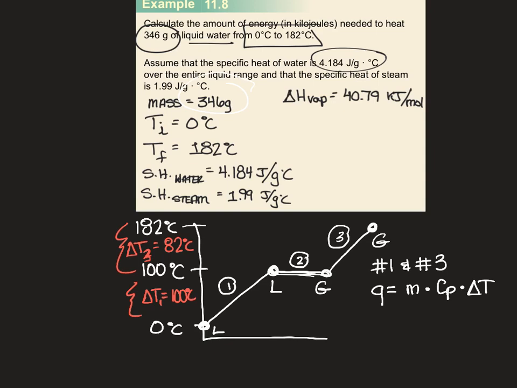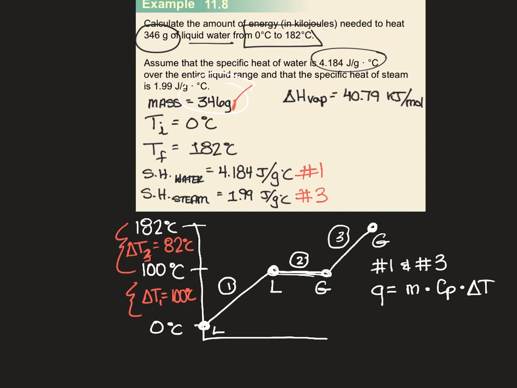Okay, so my mass, I've got 346. The specific heats, whether it's step 1, where it's liquid water, I'm going to use 4.184. And where it's steam, in step 3, I'm going to use 1.99. And then delta T, for step 1, it'll be 100. Step 3, it'll be 82. So we'll plug those in and get Q1 for step 1 and Q3 for step 3. And we'll do that in just a second.